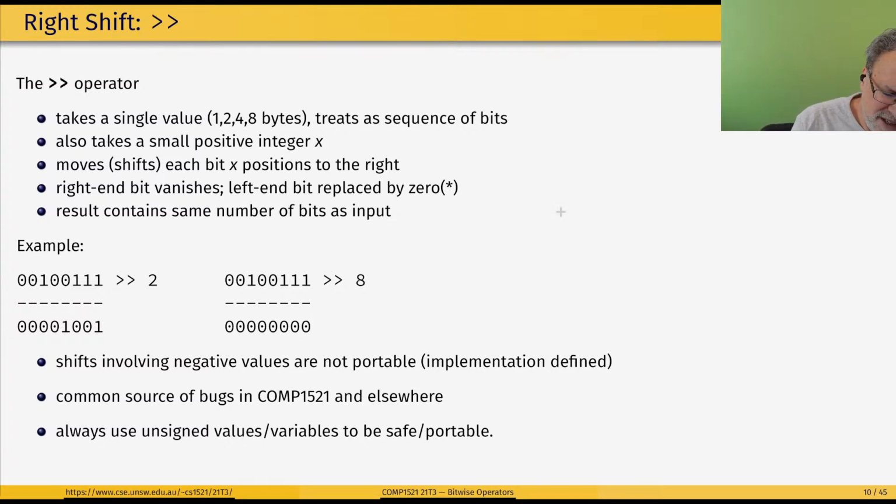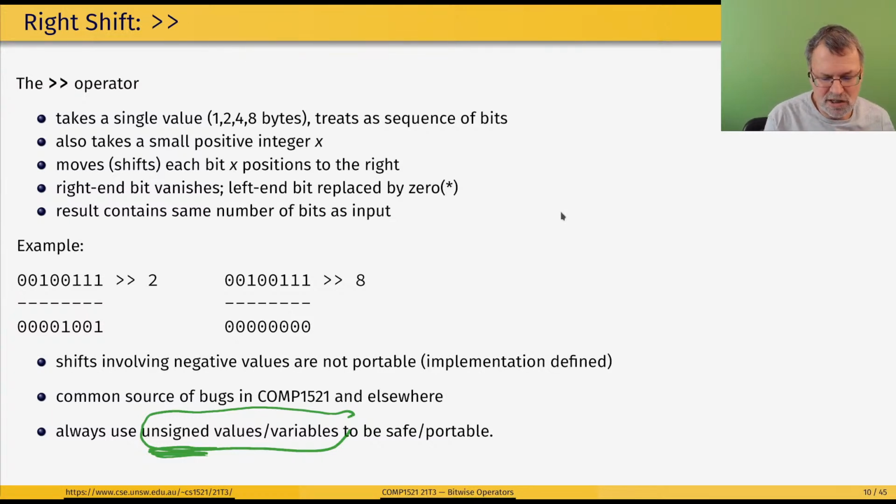Generally, this always gets students in trouble in this course: if you're doing shifting of any sort, just use unsigned values. For the lab exercises where we get you to explore shifting, we'll give you a template saying use an unsigned value for this.